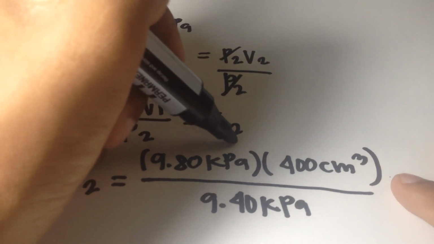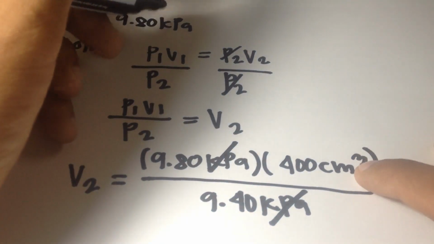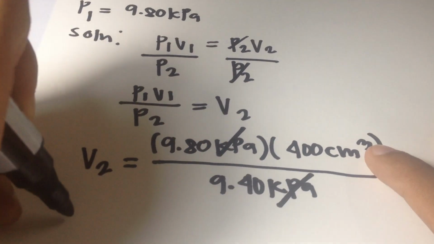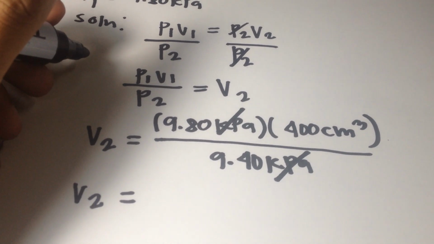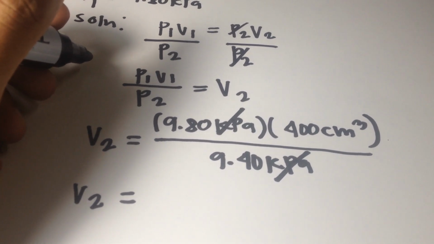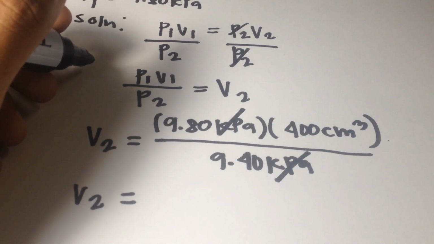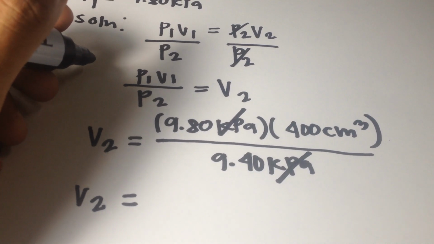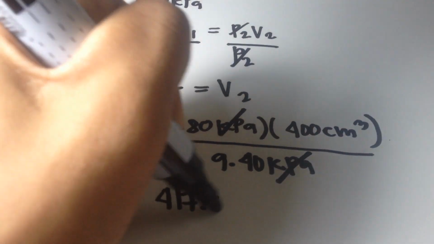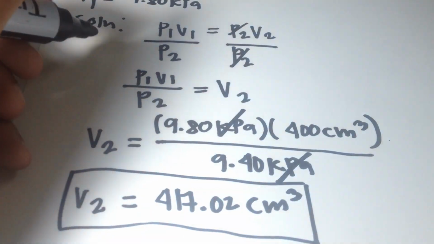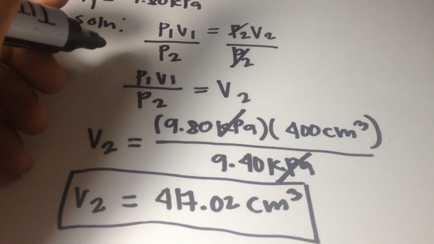So you need to cancel out the kilopascal, and the left is cubic centimeters. So volume 2 is equal to 9.80 times 400 divided by 9.40, which equals 417.02 cubic centimeters. Okay, that is your final answer. Did you get it?